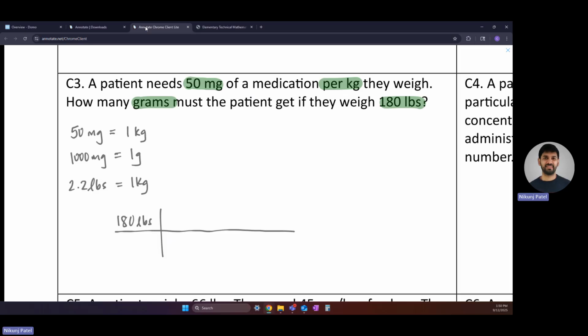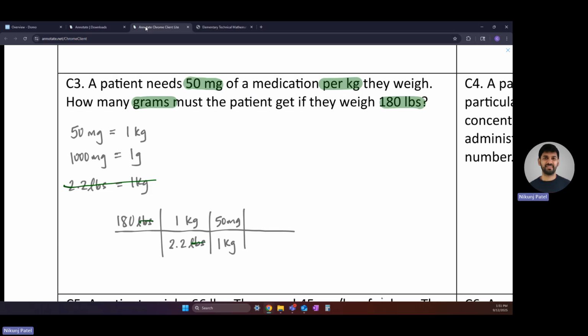And now we just follow our process and steps. And we're going to now find whatever conversion factor has pounds in it, and we're going to place that in the next column at the bottom. 2.2 pounds is equal to 1 kilogram. And we just keep following the trail of units here. We see kilograms here, so that's going to be our next unit. 1 kilogram per 50 milligrams of medication.